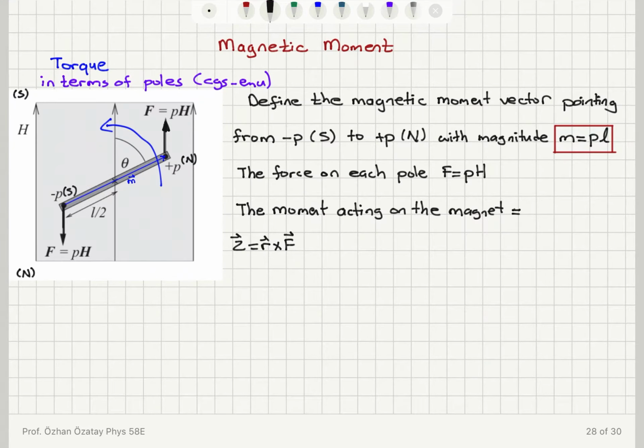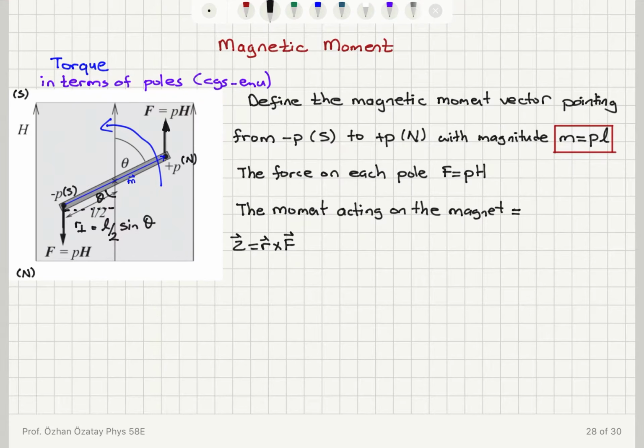So you can see that in this configuration, the perpendicular distance between the point of application of the force and the center will be here. So that's the perpendicular distance, R perpendicular. How much is that distance? So since we have this angle theta that appears also on this side, it will be equal to L over 2 sine theta.